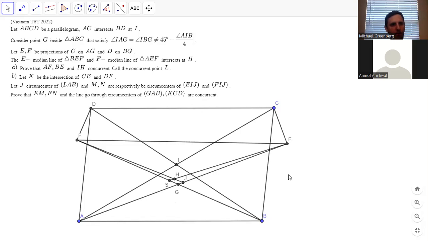So AF, BE, and IH. So those are concurrent. So can we say triangles AFH and BIE? Let's see. Can we use Desargues on those?